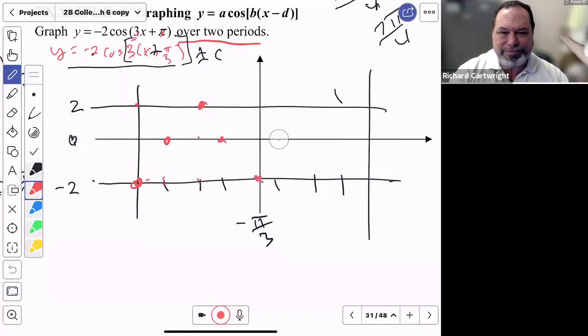Keep going, up, up, down, down. So the curve basically is looking like that. That's pretty good. And I'm not even an artist. I'll finish this up in a separate video so you can finish it up to do a couple of My Math Lab problems.